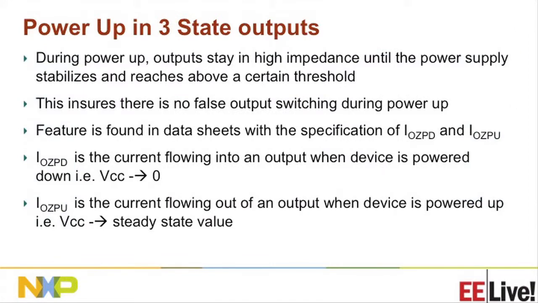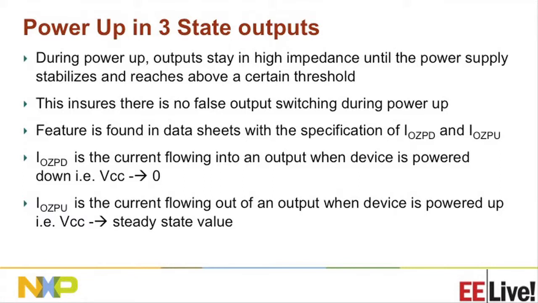The outputs of these devices are held in high impedance during power up. So the idea is when your supply voltage is ramping up, you would like to make sure there is no sink or source current going at the outputs. So in that case, you would make sure there is no glitch at the output during power up until your supply voltage becomes steady.